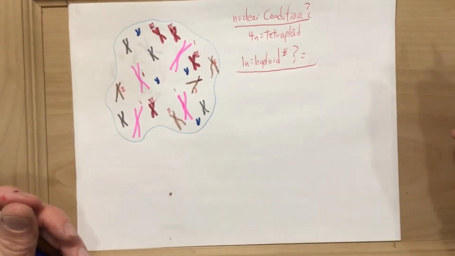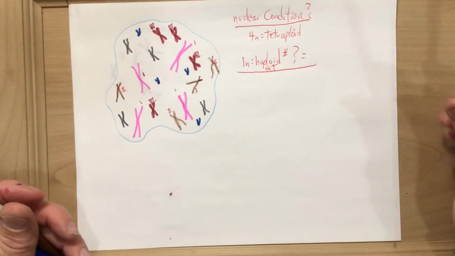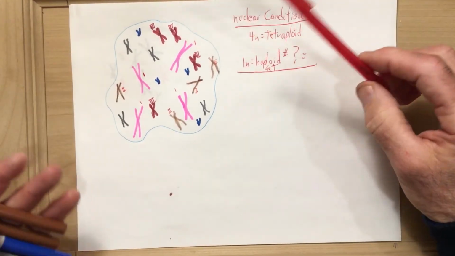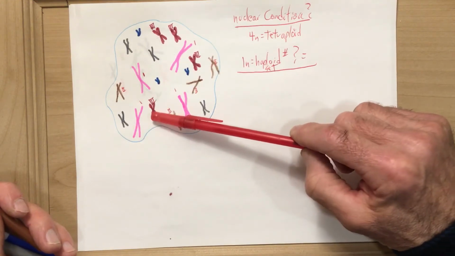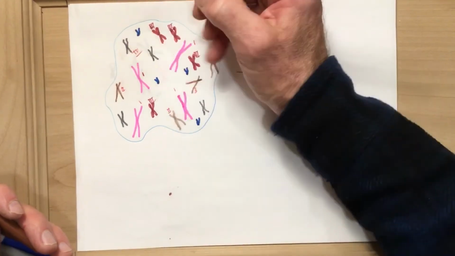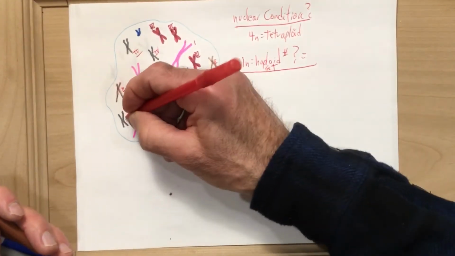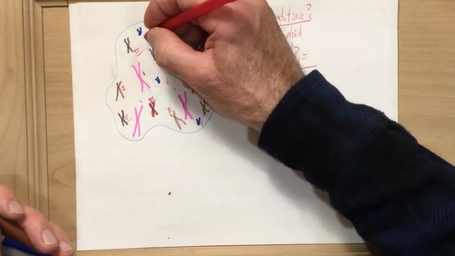Next question is, what is one haploid set? Well, I'd have to continue numbering them to figure out how many different ones there are. There's a 1, there's a 2, there's a 3. We'll call this 4. That's a 4, that's a 4. And that's a 5. 5, 5, and 5.